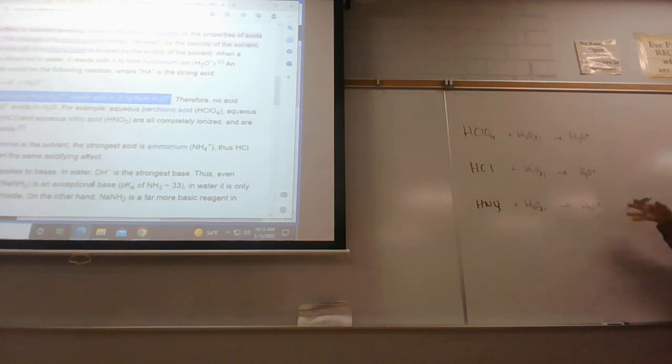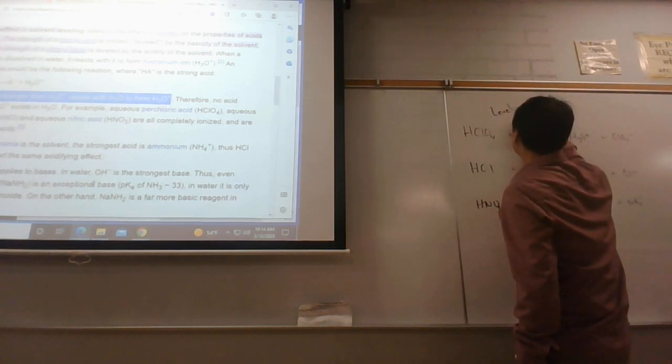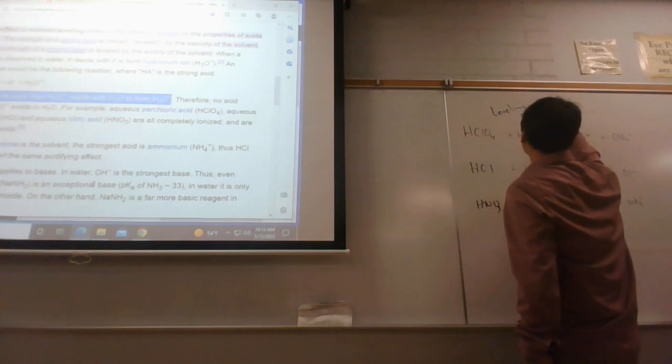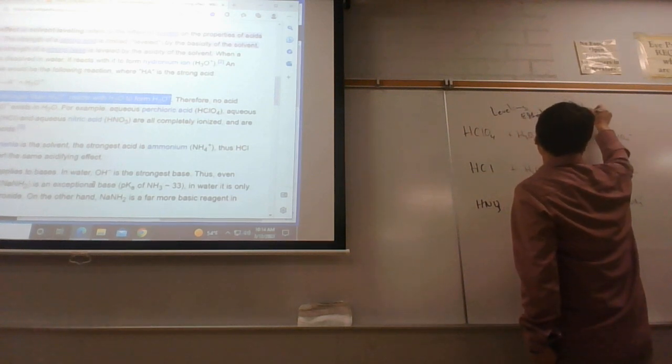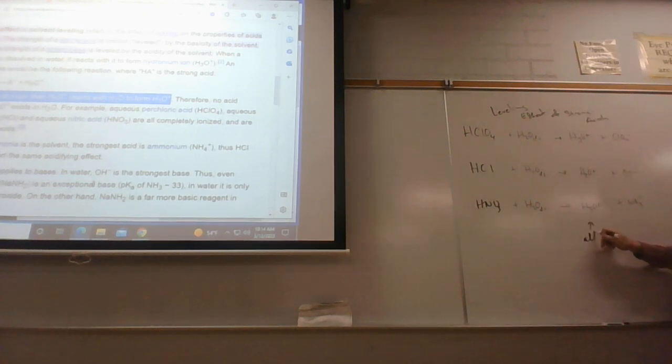Weak acids yield less hydronium. So this is called the leveling effect of strong acids. In other words, they all yield the same amount of hydronium. Therefore, they all have the same strength in water.